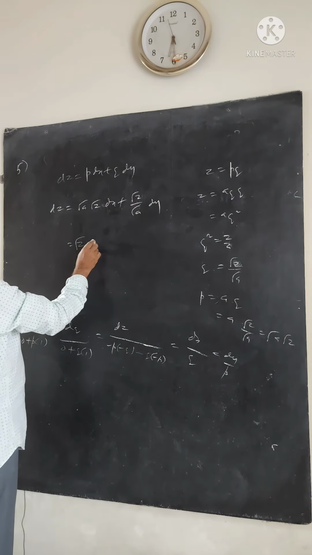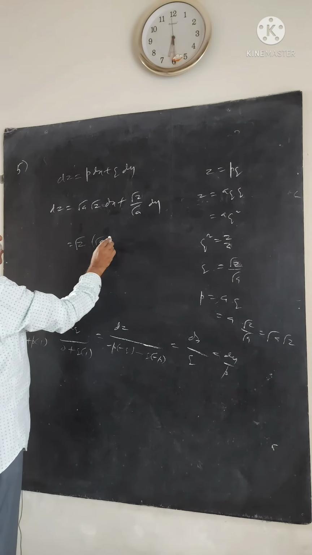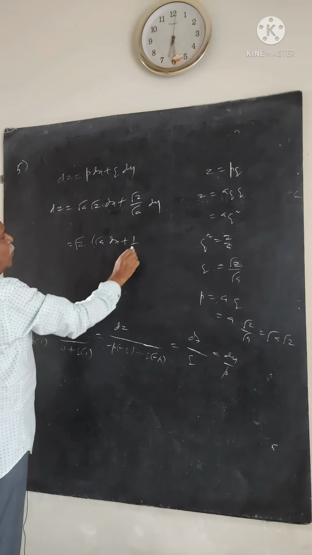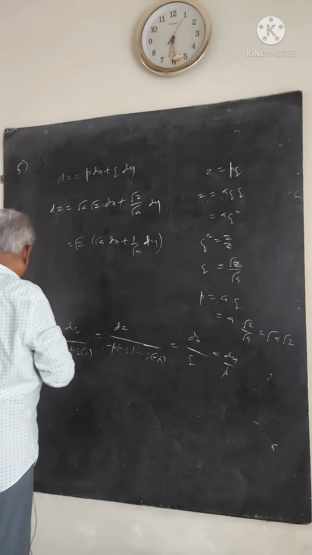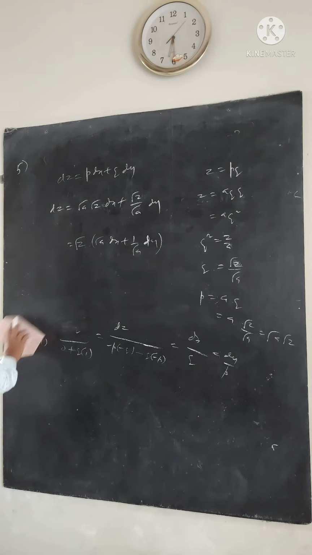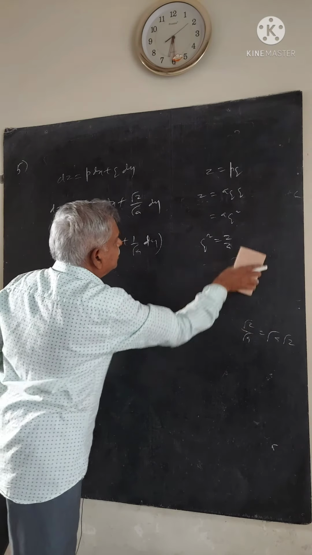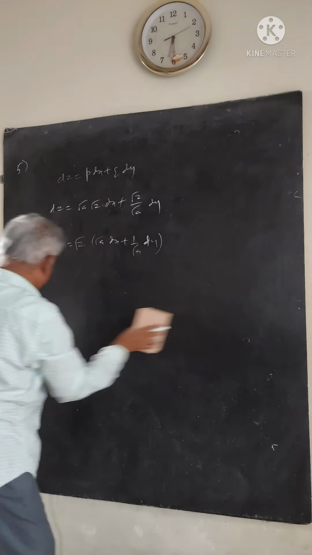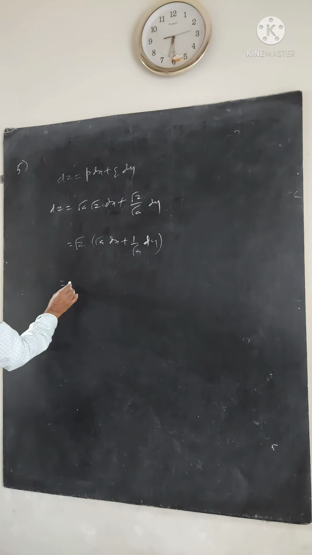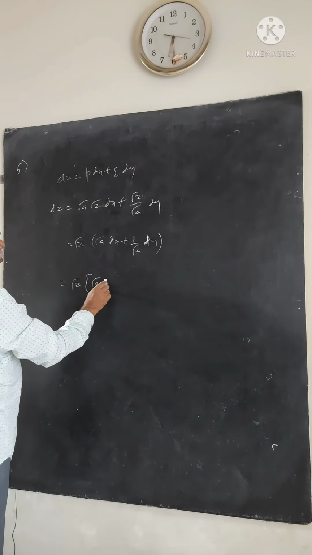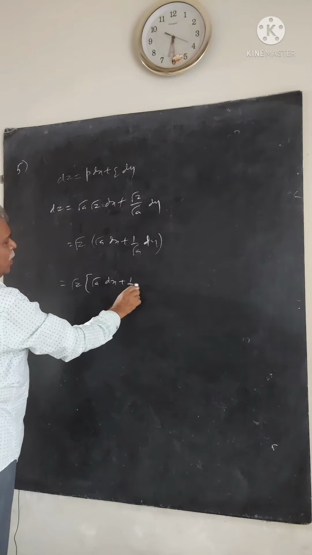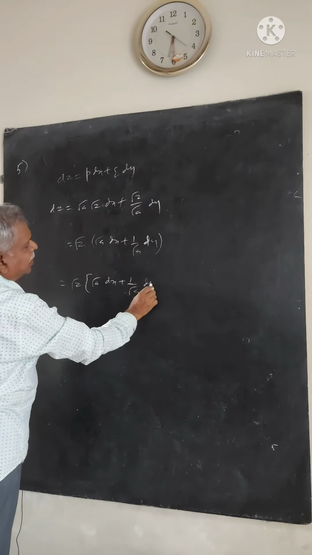Taking root z out, root a dx plus 1 by root a dy.